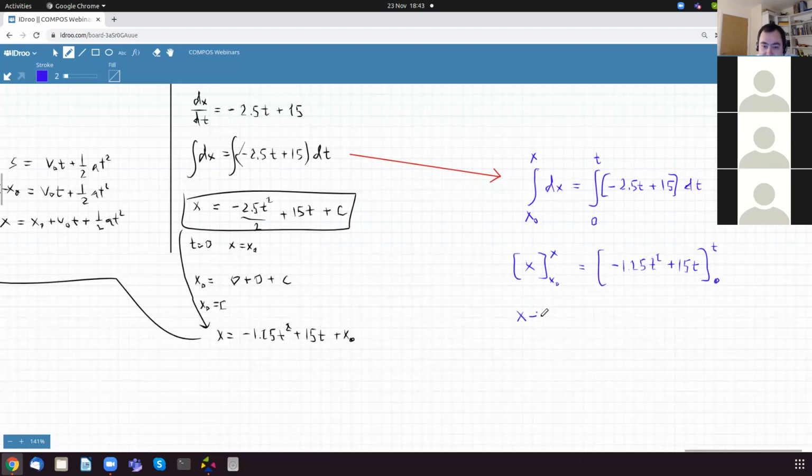So x minus x0 equals minus 1.25 t squared plus 15t plus 0 minus 0. So it's the same equation. x is equal to x0 plus 15t minus 1.25 t squared.